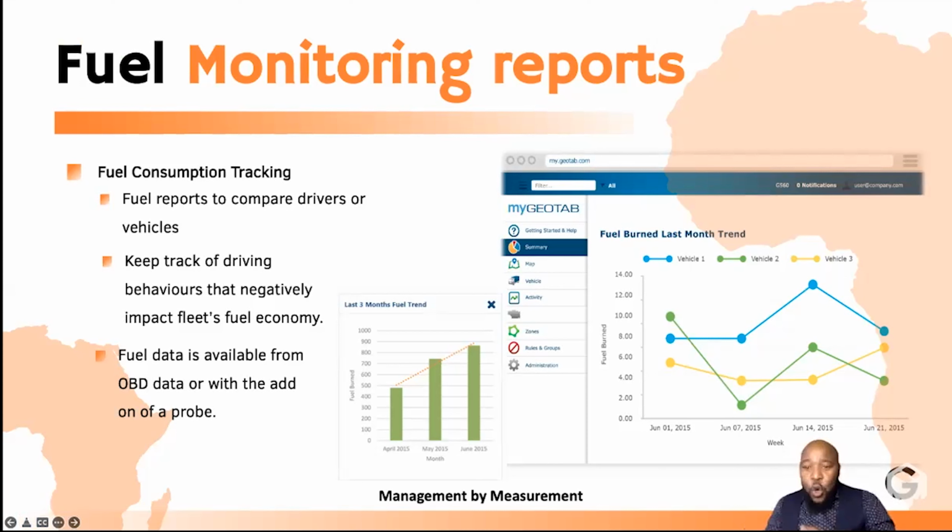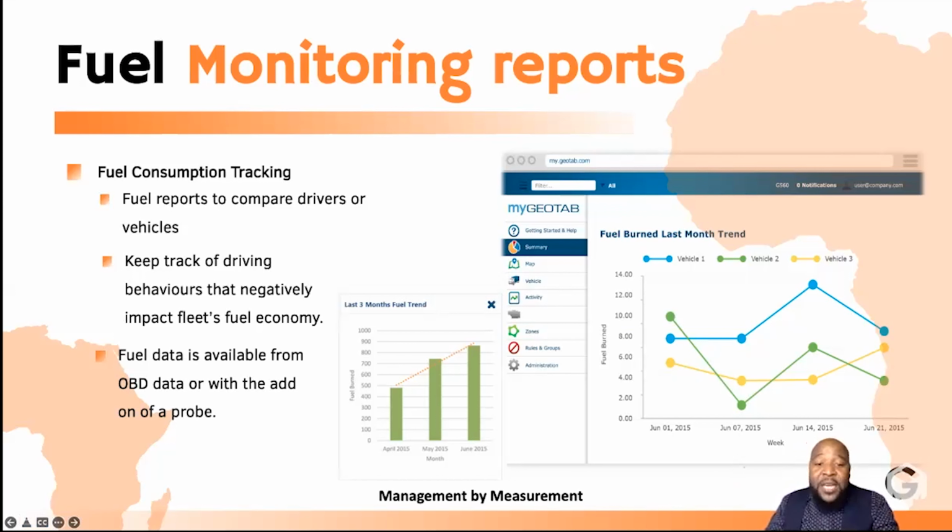Examine the fuel economy of your assets and determine the action needed to improve efficiency and slash costs through improving driver behavior or targeting maintenance. Furthermore, the report helps to compare drivers or vehicles, as shown in the graph, on a weekly basis.